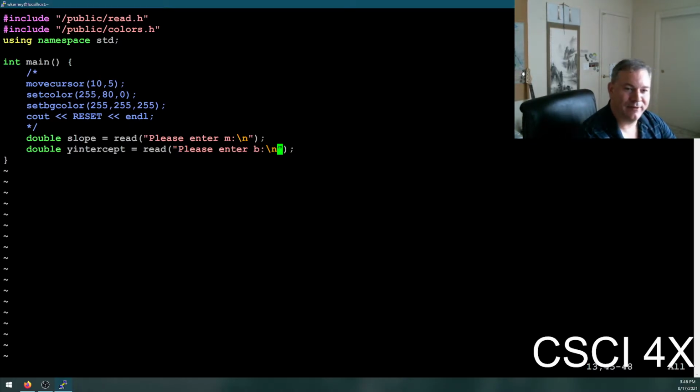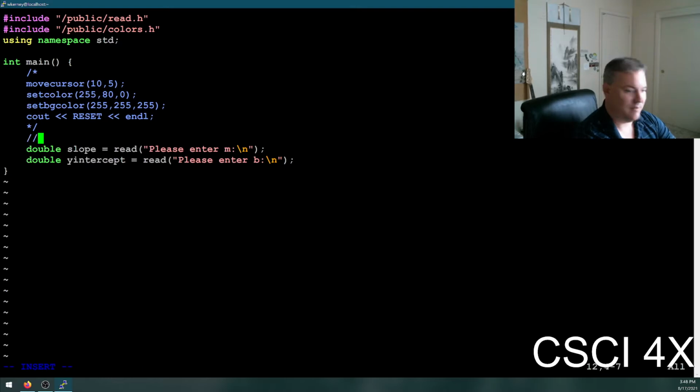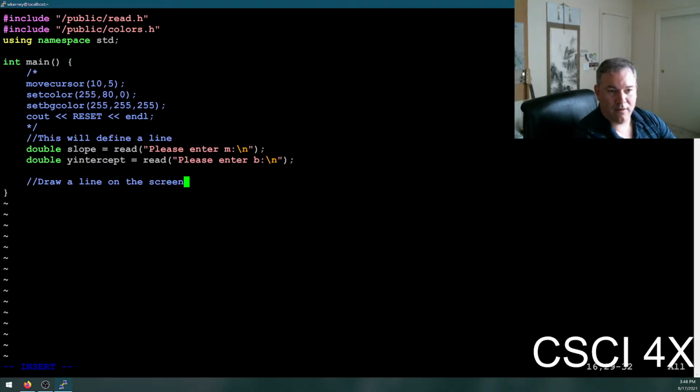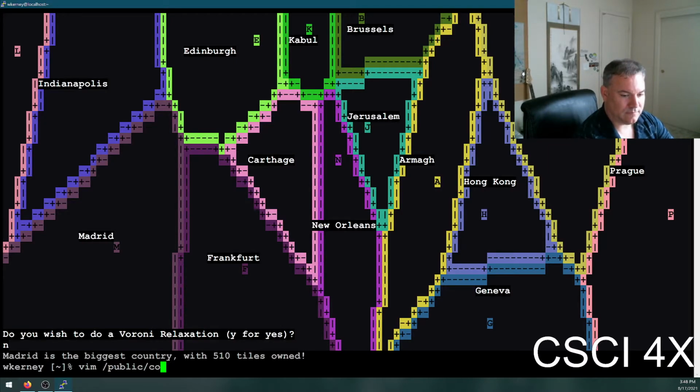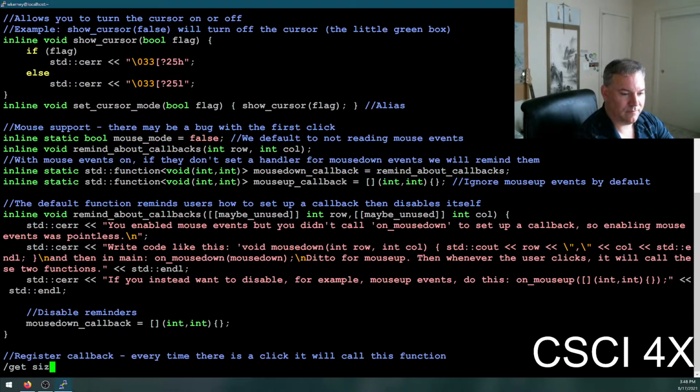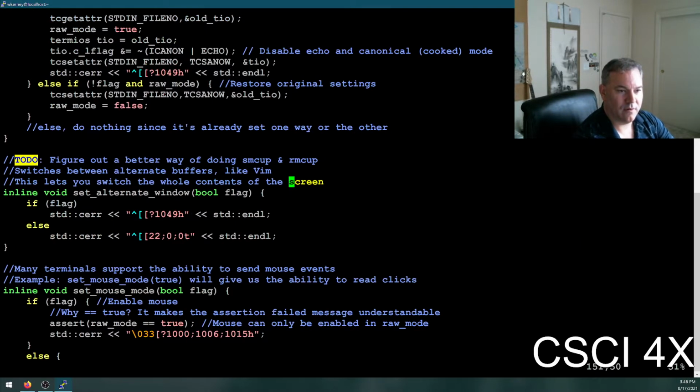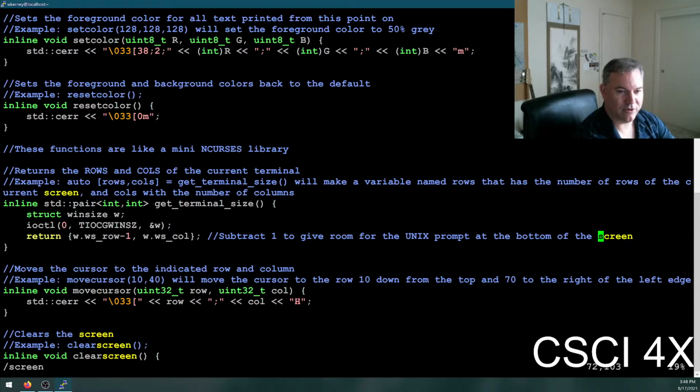Okay, so that'll define a line, right? This will define a line, and then we need to draw it on the screen. Draw a line on the screen. Get terminal size.